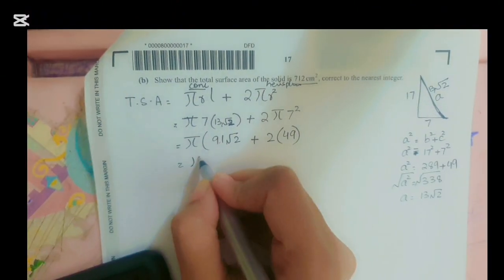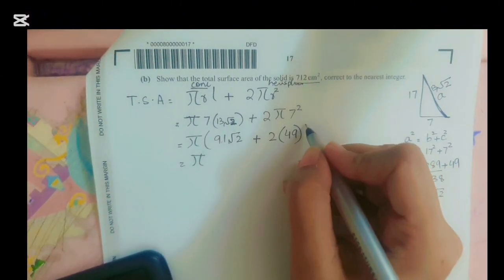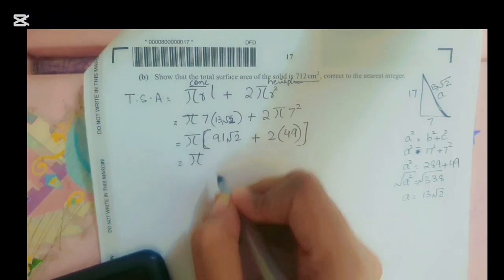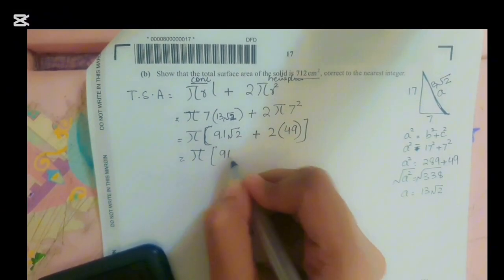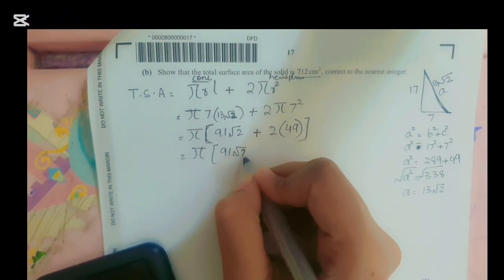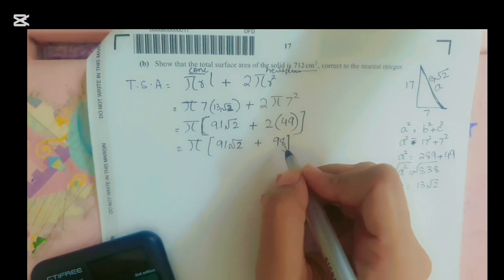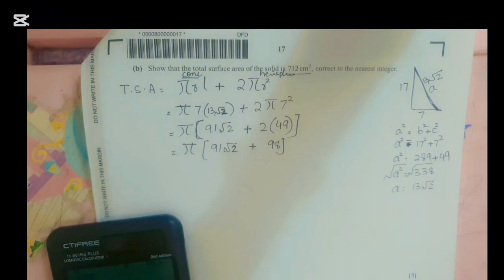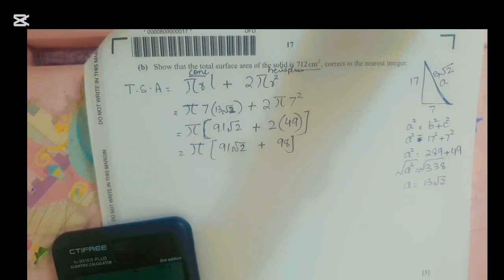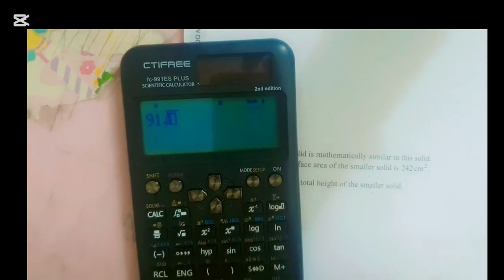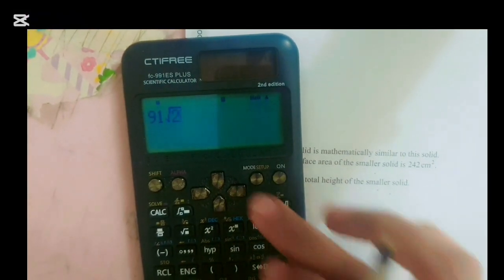So this is pi times 13 root 2 plus 98. Now we are going to put all these values into the calculator and solve.